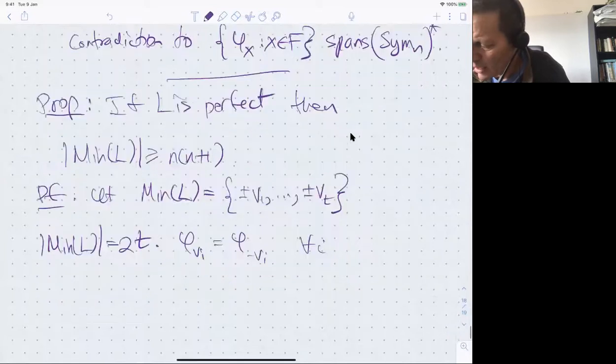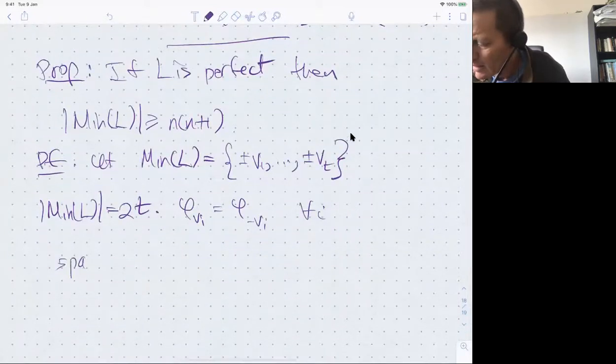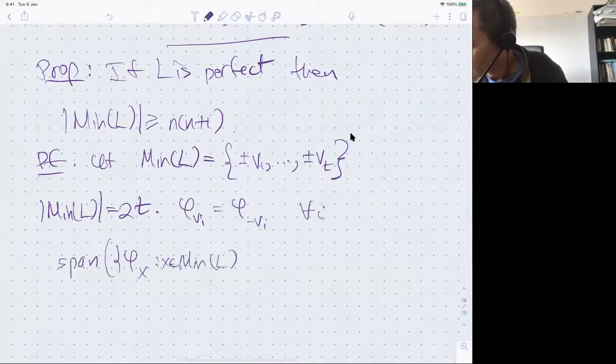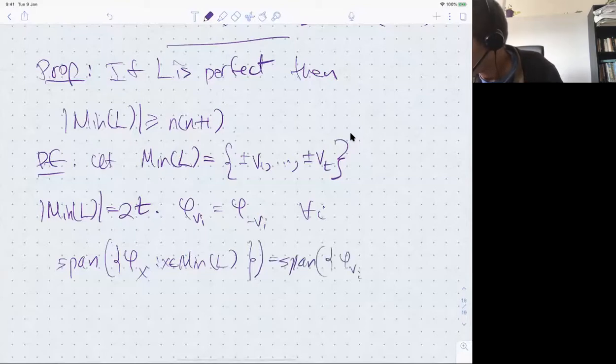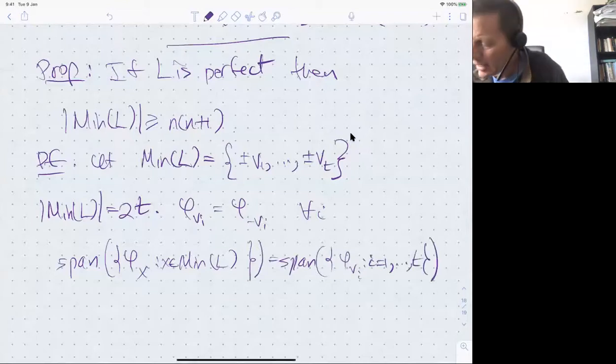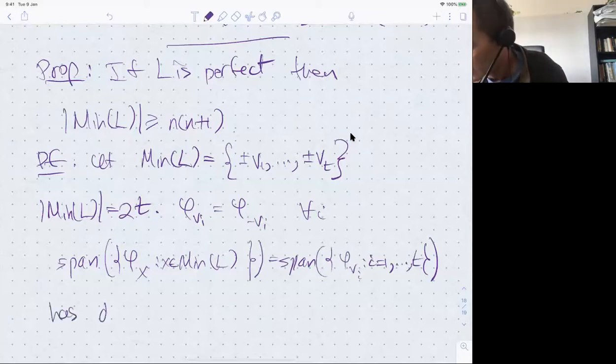And so the span of this set is the same as the span of phi Vi, i going from 1 to t, and it has dimension n times n plus 1 over 2.